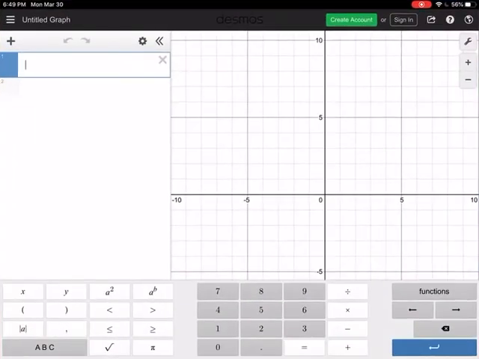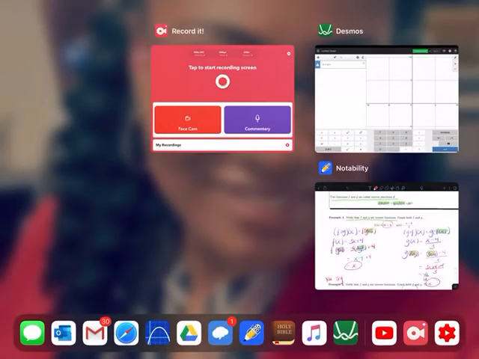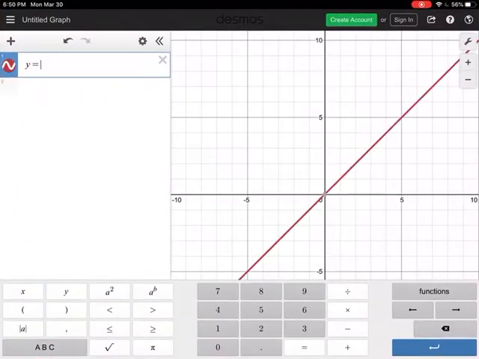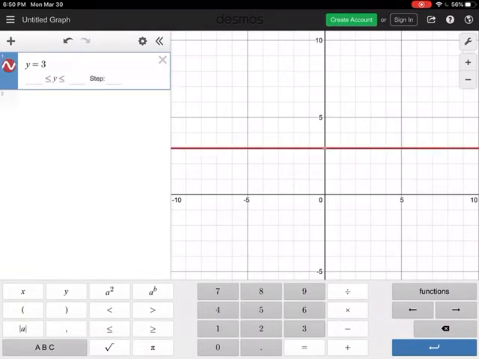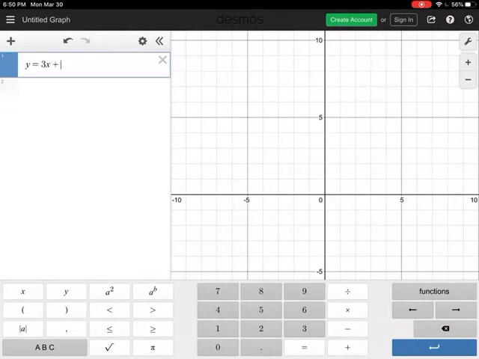This one is f of x, and you don't have to put f, you could just put y equals 3x plus 4. So that's the graph of the first one.